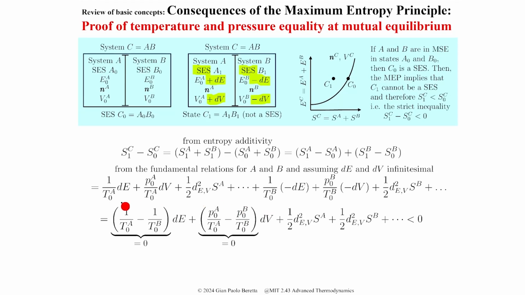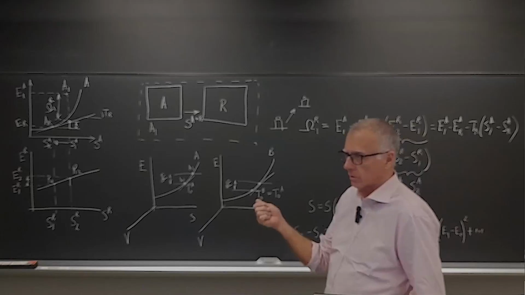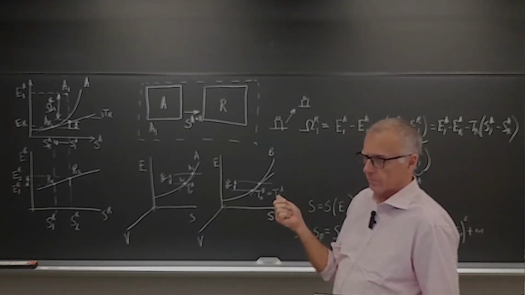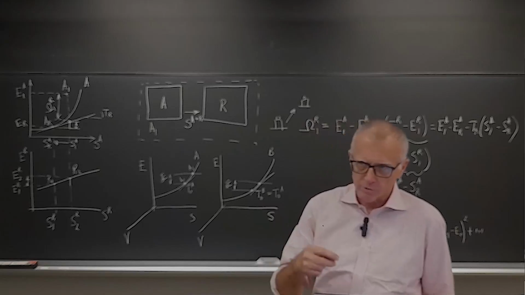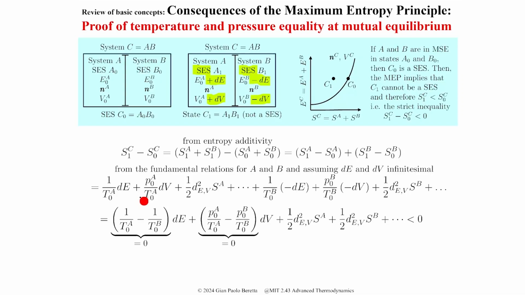And if these terms in parentheses were different than 0, suppose they were positive, then I could choose a positive dE, and this would be a dominating term in the series, violating the fact that that sum must be negative. So the only possibility, due to the arbitrariness of the choice of dV and dE, is that these terms in parentheses be equal to 0.